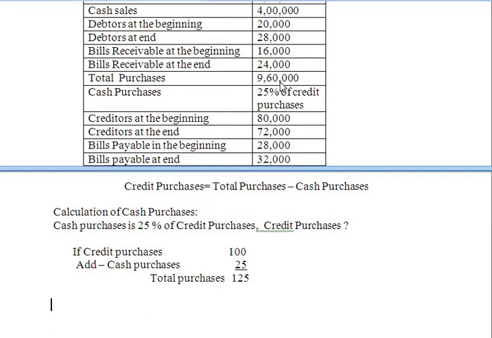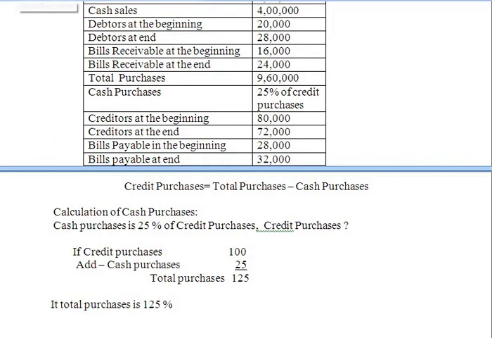So see here, if total purchases is 125%, or we can write this way, for 125% of total purchases the amount is how much? 9,60,000.